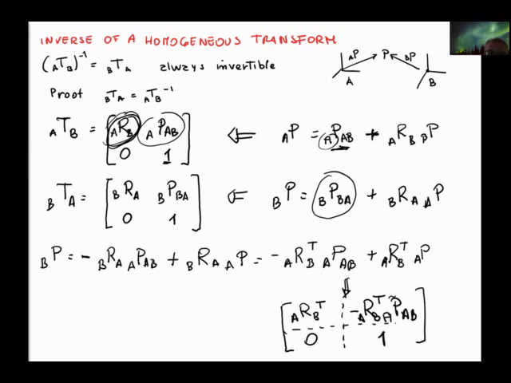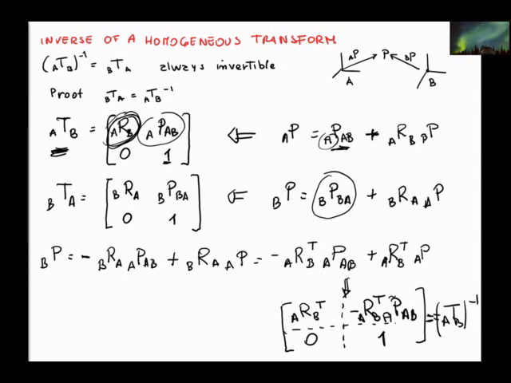Okay. So starting from the data that compose ATB, we can compute its inverse. So we have a formula to compute the inverse of a homogeneous transform.